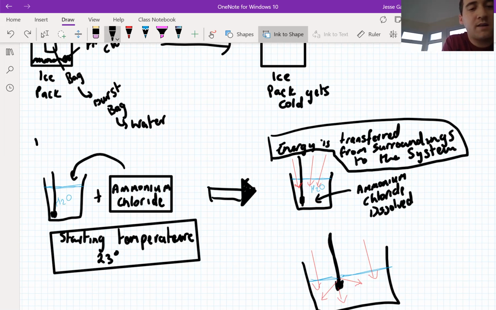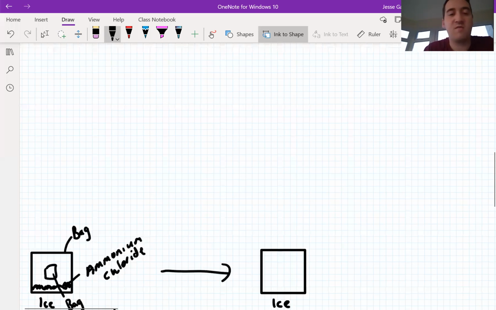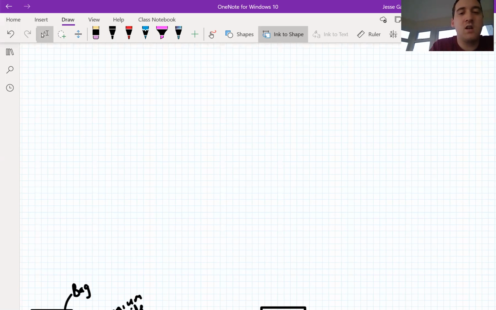So the example we've looked at is an ice pack, or dissolving ammonium chloride in water. That's what's happening inside an ice pack. That's our example. And what type of process or reaction is this?